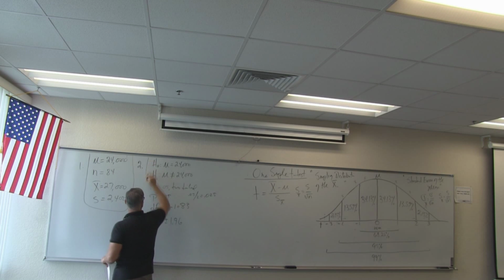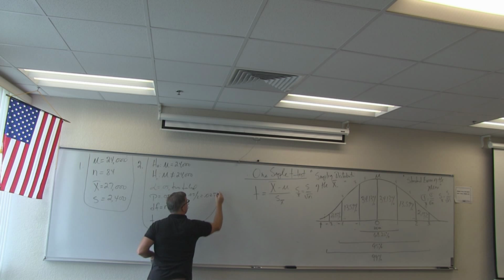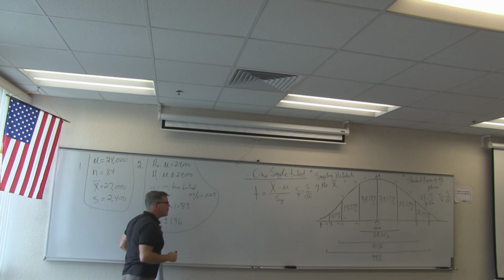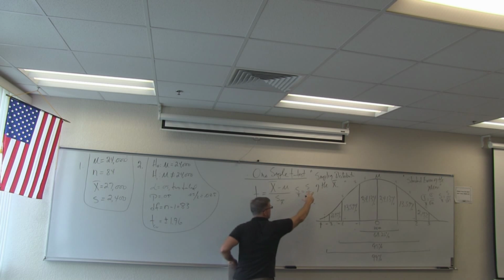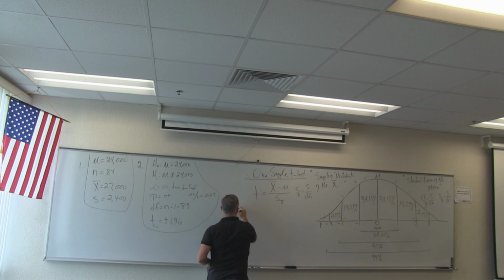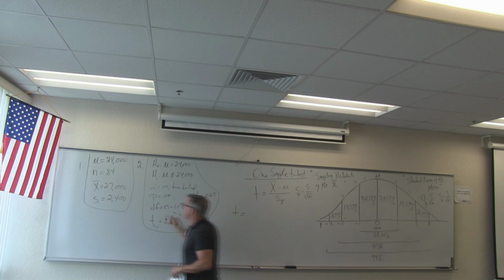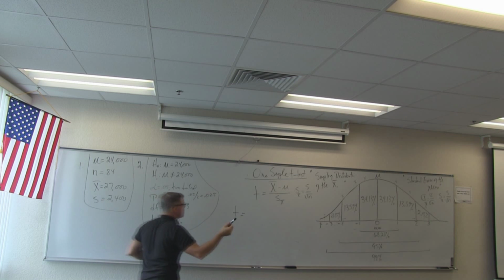We have a population mean of 24,000. Let's compute t with special emphasis on the standard error of the mean. See what's going on over here in terms of where this individual sample mean falls.